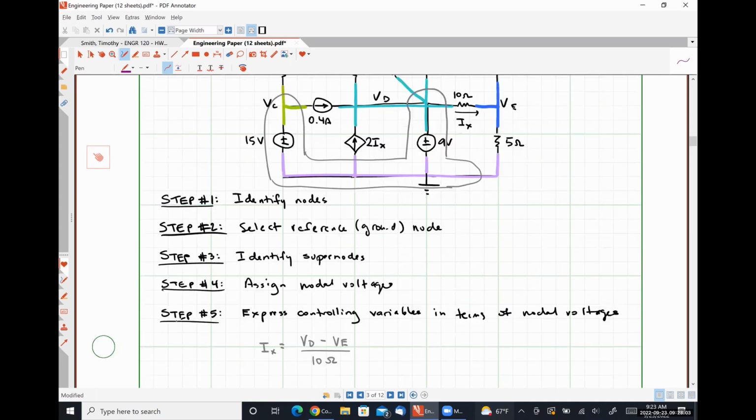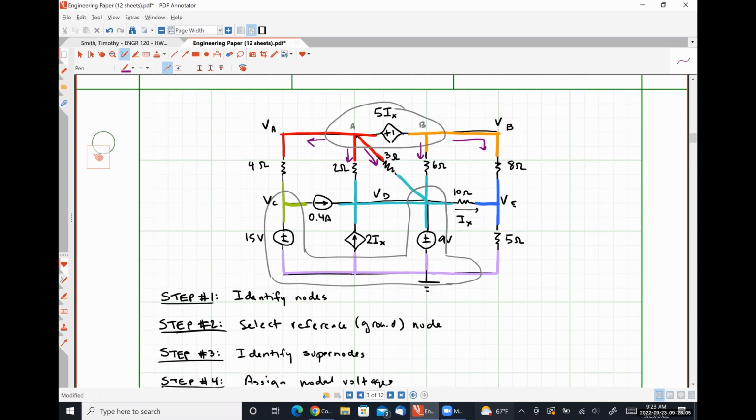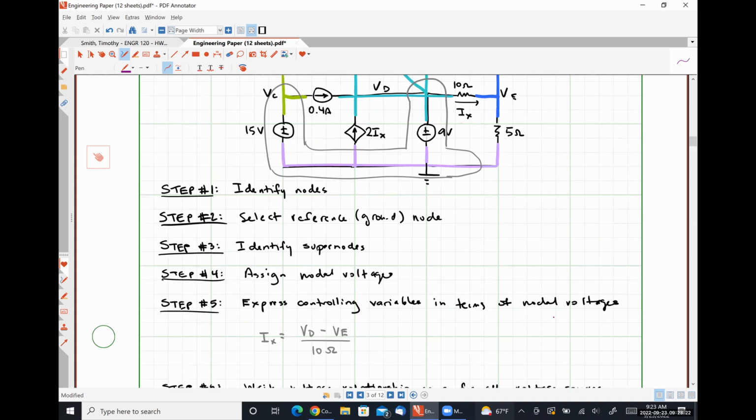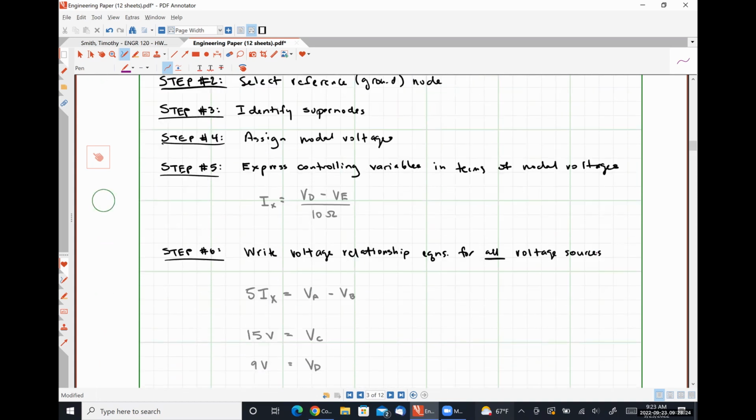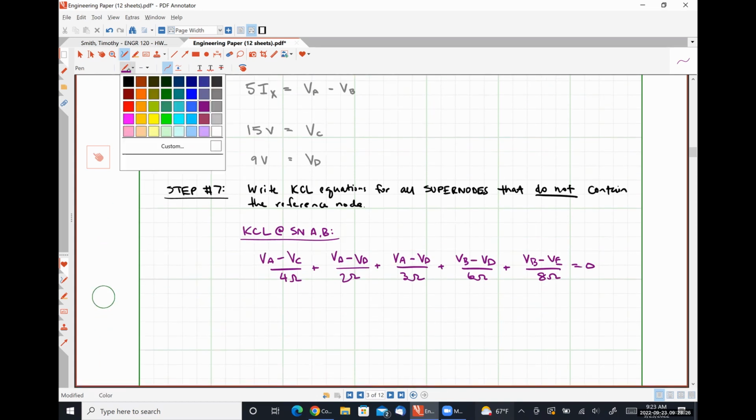So I drew 5 currents leaving this supernode. I have 5 terms in my equation. I'm done. Okay. That's the only supernode that does not contain our reference node. So we are done with step 7. Okay. Now we move along to step number 8.